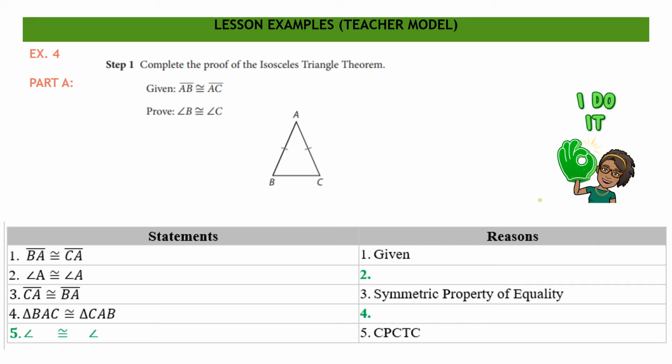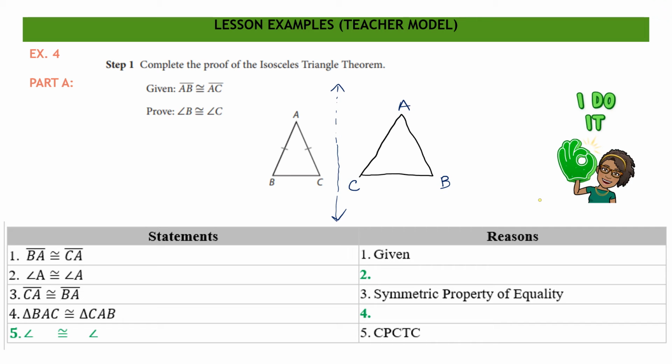To help us with this proof, I'm going to reflect triangle ABC and create another triangle called CAB. So imagine some line of reflection, and I'm just flipping it open to help us walk through this proof.